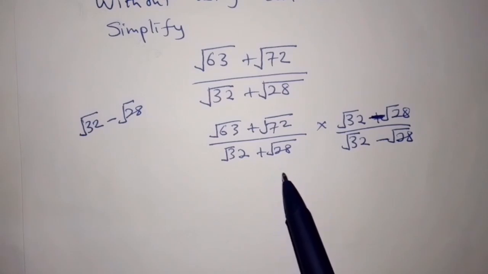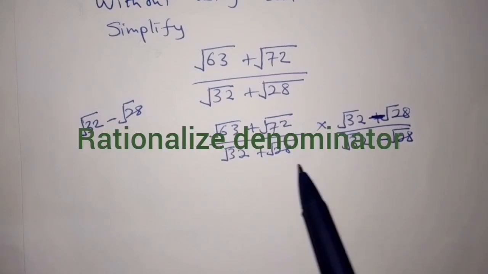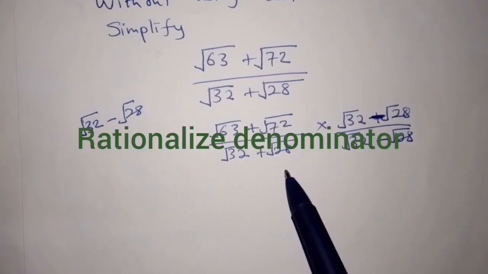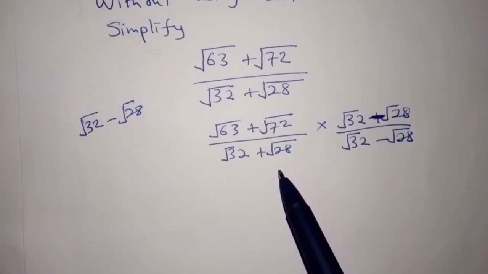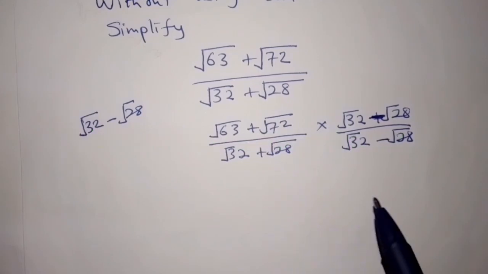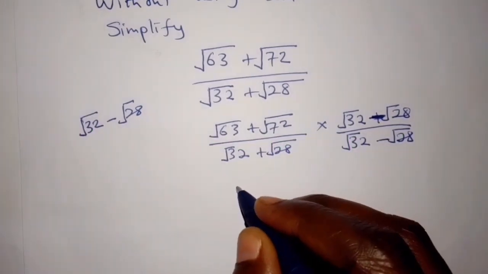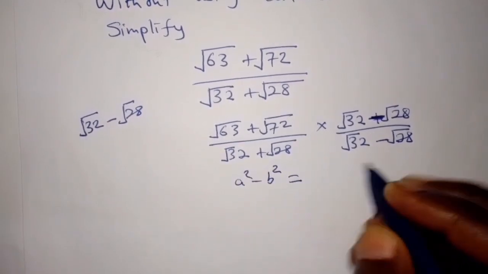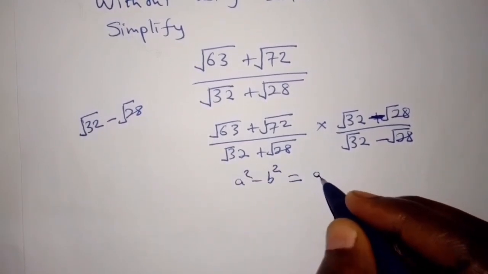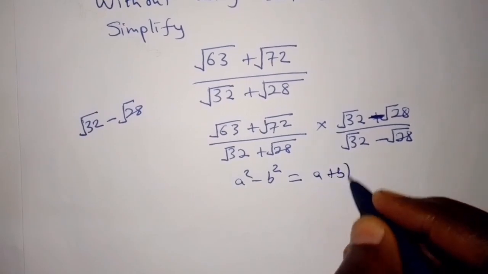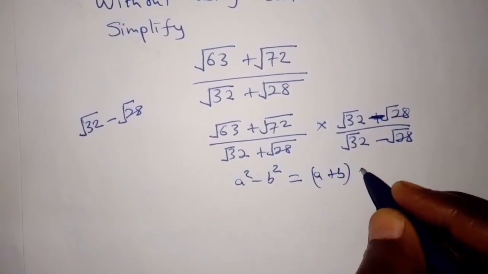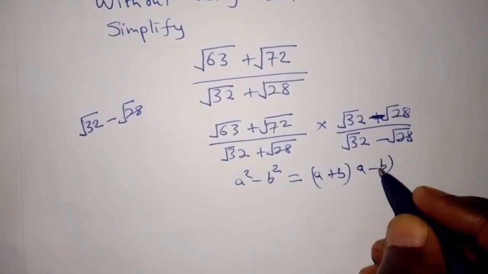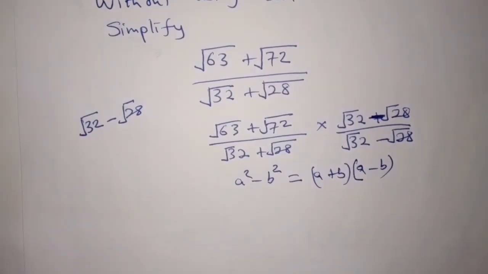We want to rationalize the denominator by using the difference of squares method, that is a squared minus b squared is equal to a plus b into a minus b. That is the difference of squares.